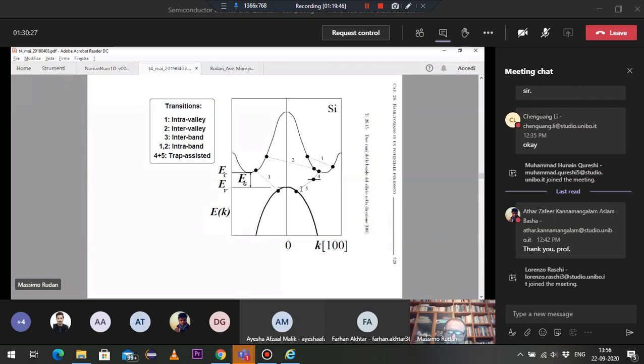So trap-assisted transitions are more probable, to the point that when we calculate the interband transition, we always use only trap-assisted transitions. We never consider direct transitions.